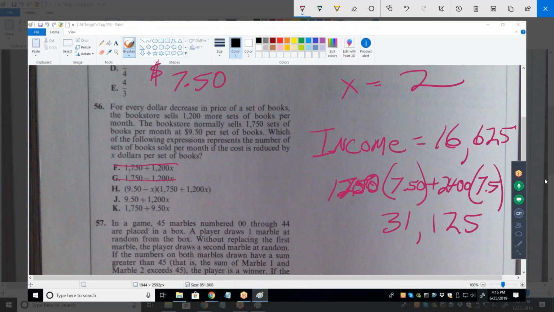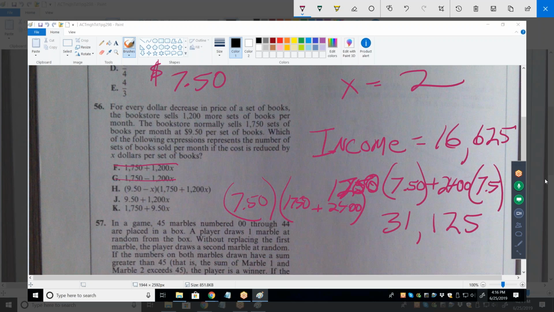Here we have 750 times 1,750 plus 2,400. I don't think that gives us the answer. That's too big a number. That's 4,000.